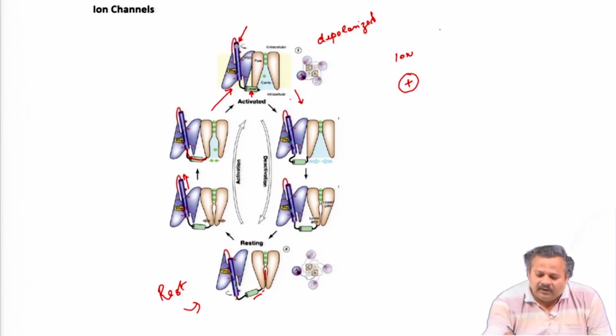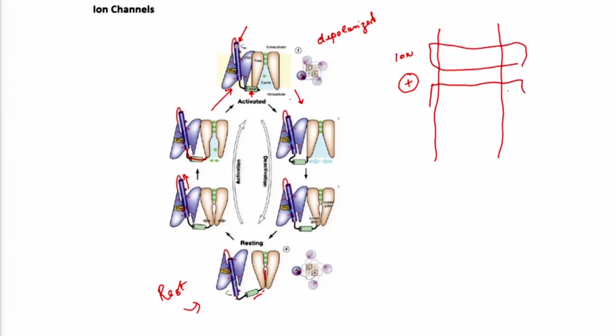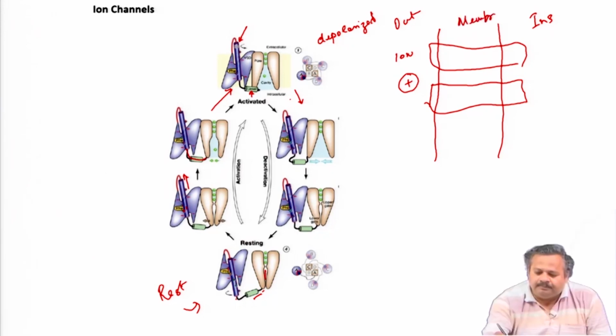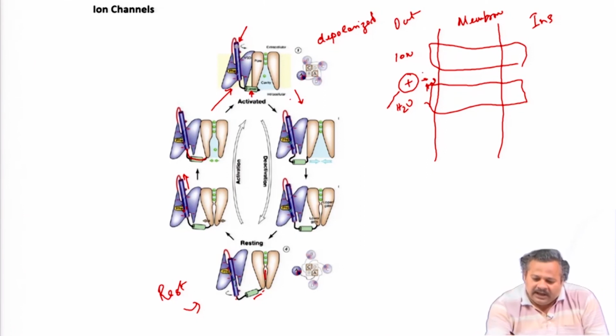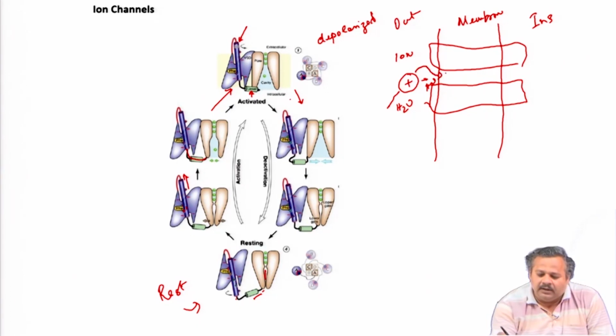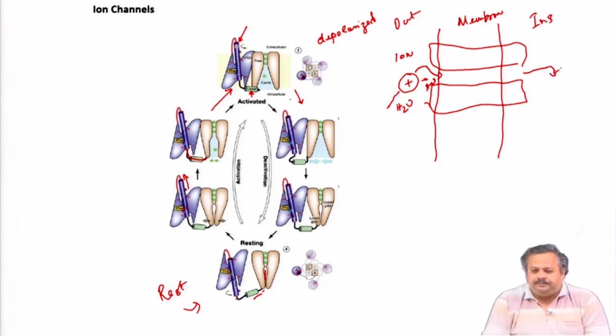So, now if you think of the membrane, the lipid bilayer, and an ion channel that is present. Let us say this is the outside of the neuron, this is the inside of the neuron, this is the membrane. So, this is stabilized by hydrogen bonding with the water molecules here. So, it has to break open those hydrogen bonds in order to go to the inside of the neuron.